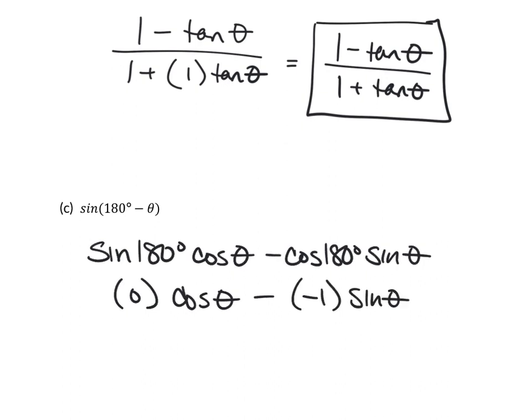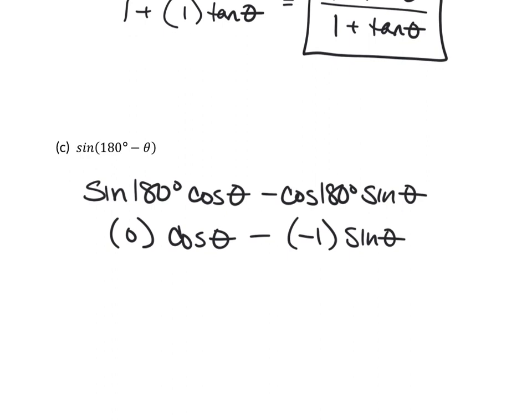So that whole first term cancels out because it's multiplied by 0. I end up with negative times negative, which is positive. This should end up just as sine of theta, because we're subtracting a negative. Minus minus is positive.